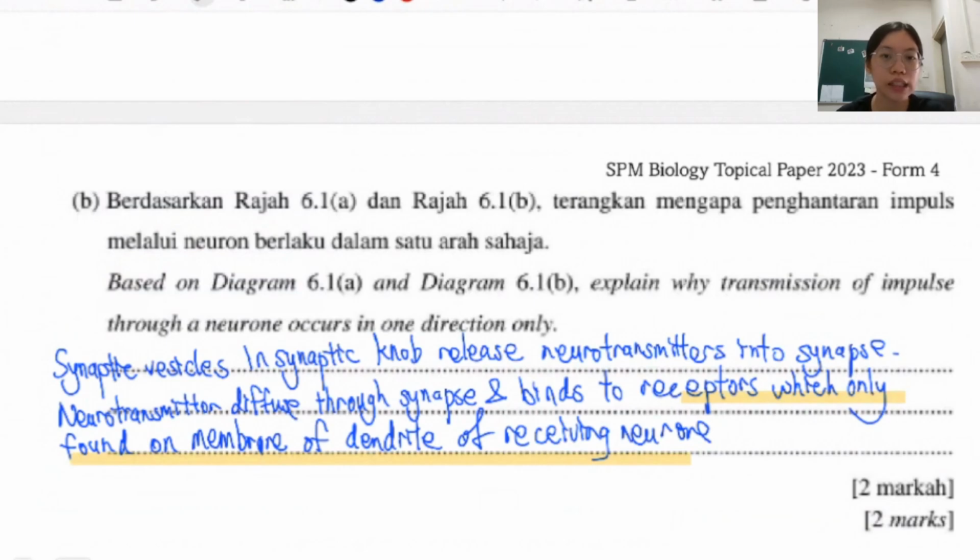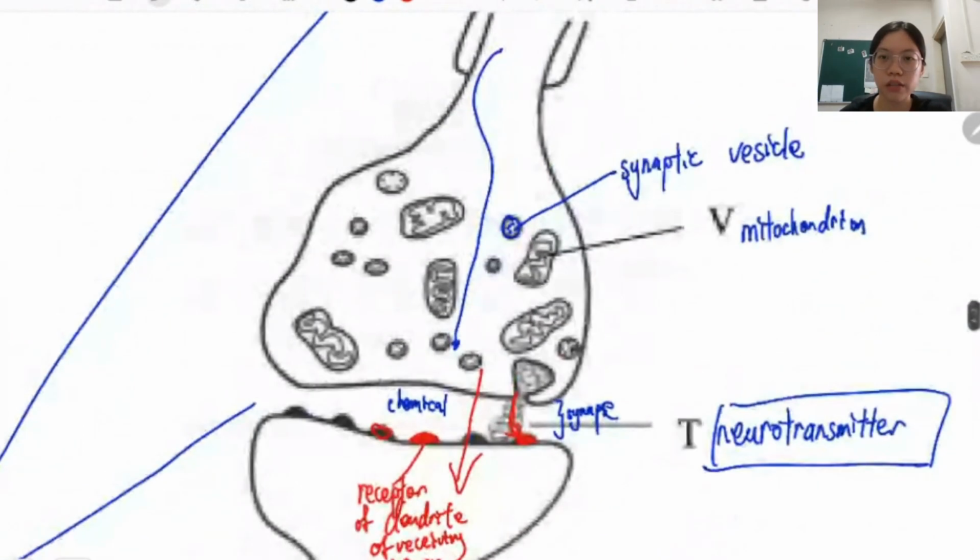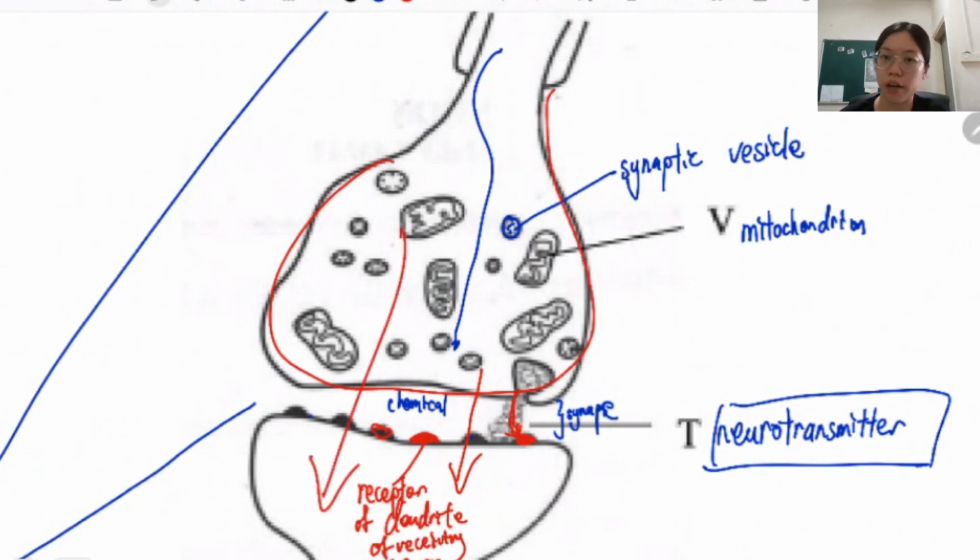And it is the synaptic vesicle that only releases neurotransmitter in the synaptic node. So this one is the dendrite, this one is the synaptic node. The synaptic vesicle containing neurotransmitter is only present at this synaptic node, it isn't present here. That's why it only works in one direction.